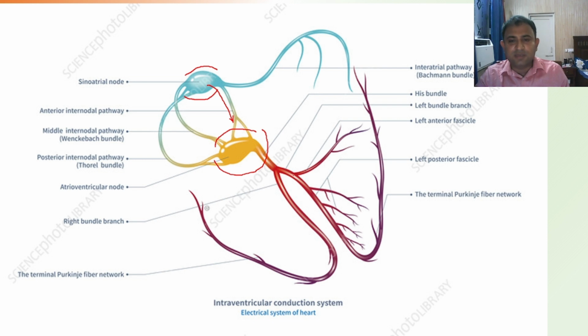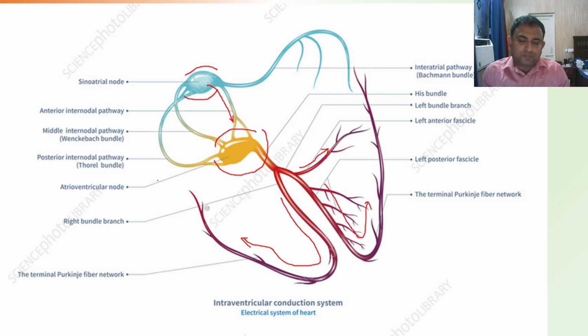From the bundle of His, it goes to the left ventricle, where we have the left anterior fascicle and the left posterior fascicle, and the right ventricle is innervated by the terminal Purkinje fibers. So the conduction system has to be considered an isolated, insulated system.